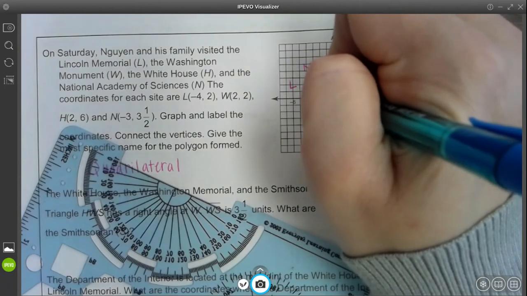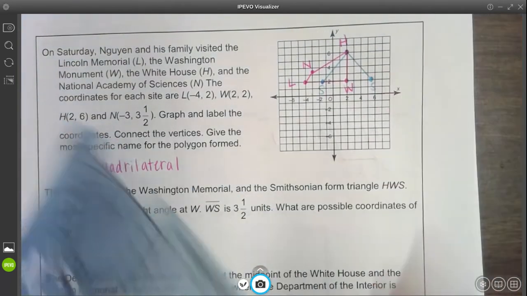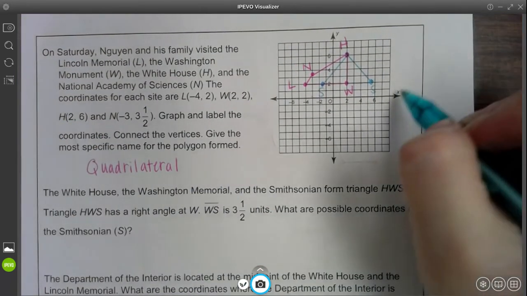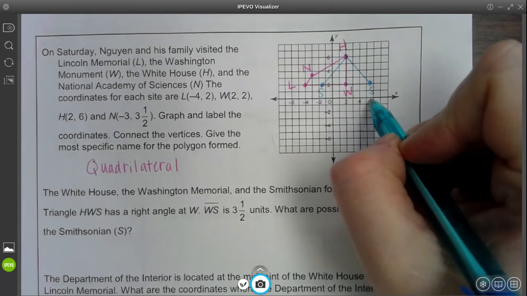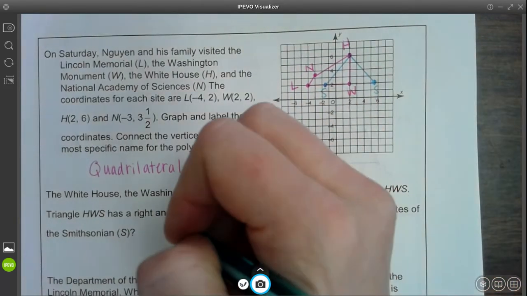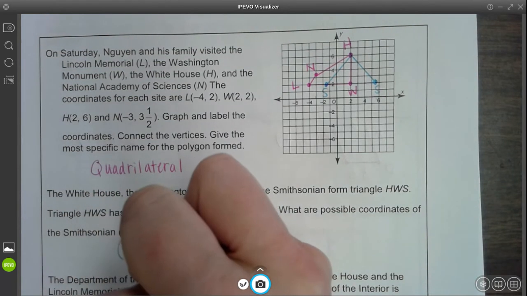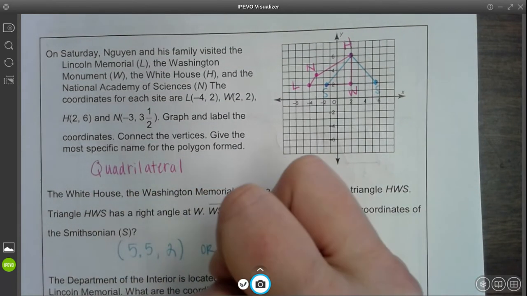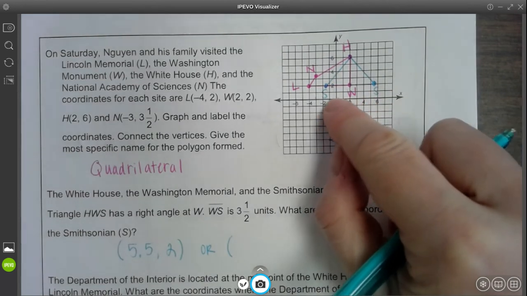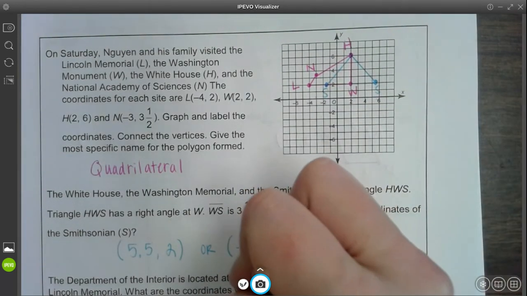So it's possible that S could be here or here, and we just have to write those coordinates out. So this one is at 5.5, 2. Or the other one here is at -1.5, 2.